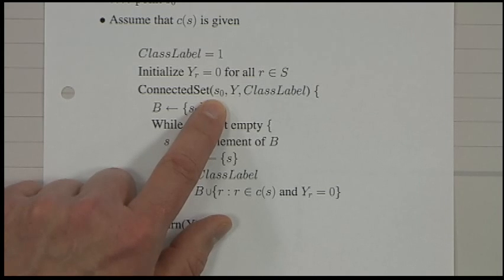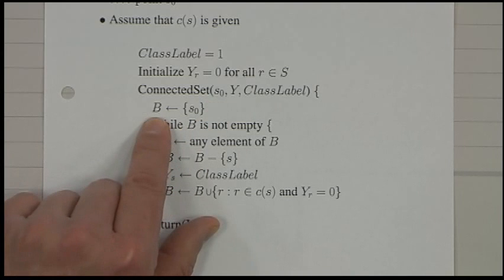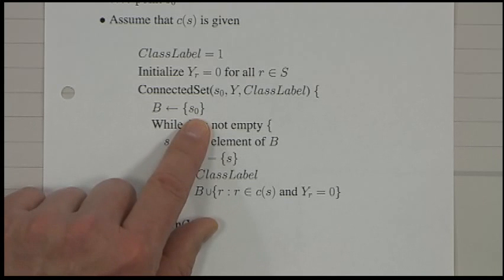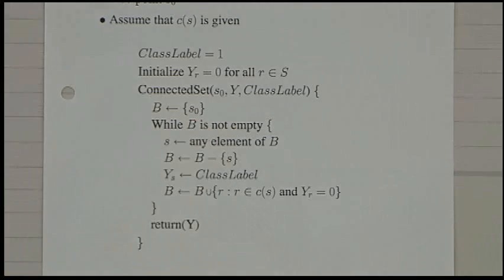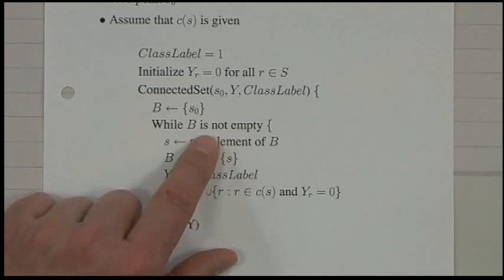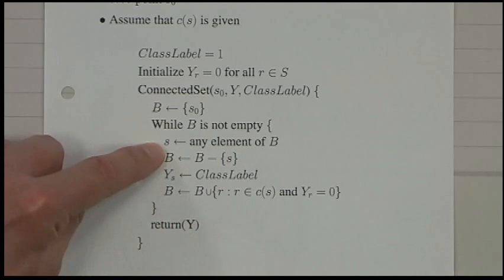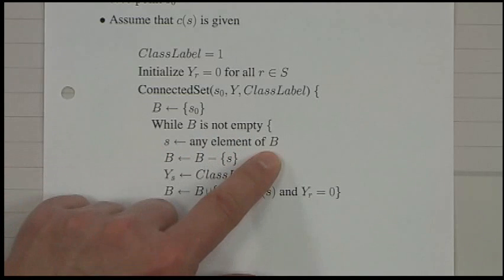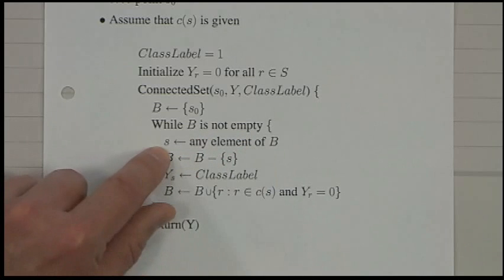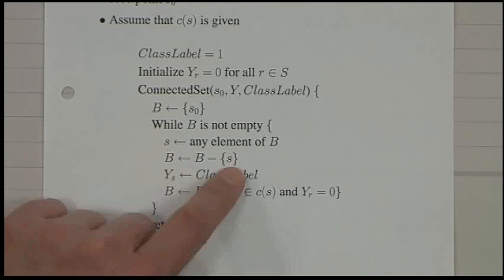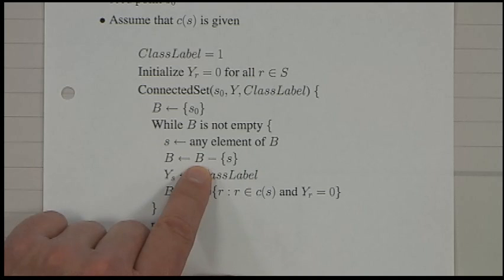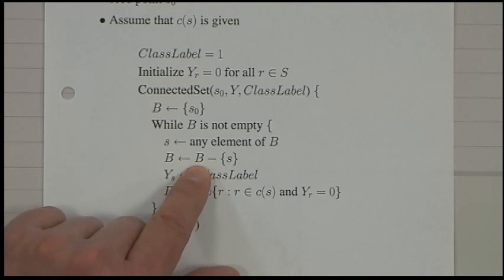B is a set that you maintain, and you keep doing this until B is empty. You start off by initializing B with S0, and then while B is not empty, first you pick any element of B and put it in S. Then you remove that element from B, because you've taken it out.